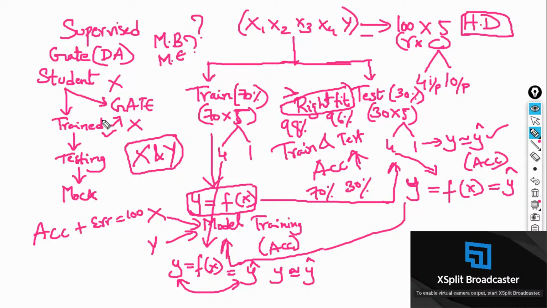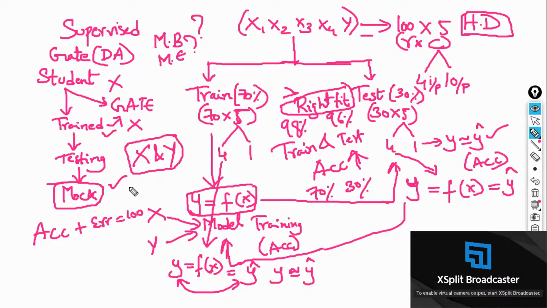You are training your student on some XYZ concepts. If you conduct the mock interviews on the same questions that you have trained, obviously the student will perform well, right? But if you test him or her on new or similar kinds of questions, how is his or her performance? You have to check.